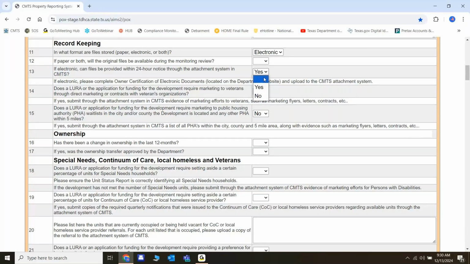If this question is phrased like only for the electronic version, so if you're saying you have paper or if you say you have both, you would leave that blank and just say yes, that they will be available during the review, and then you would just leave that blank, because that is just for that to trigger us for that electronic.